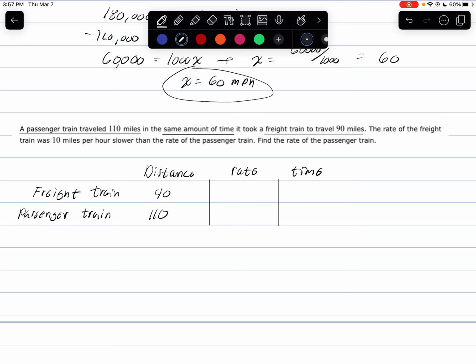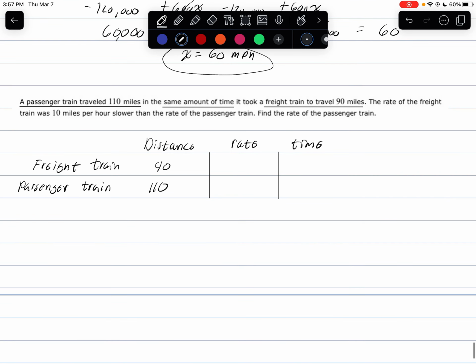Just for simplicity's sake, let's say x is going to be equal to the rate of the passenger train.